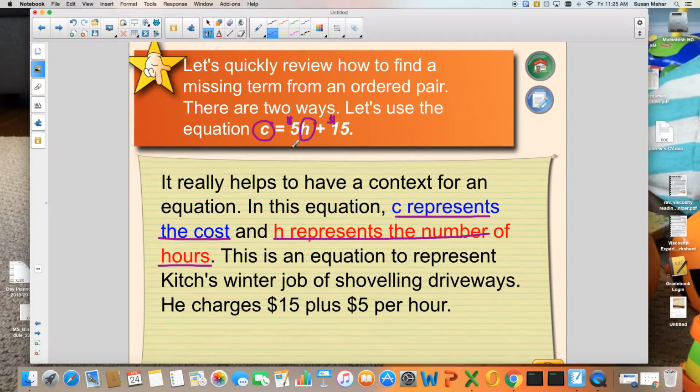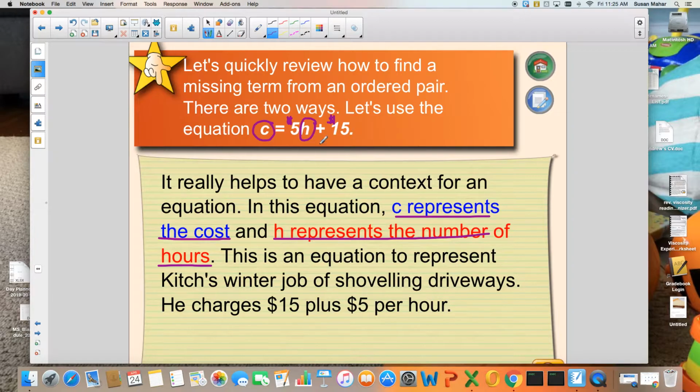All right. Now, in this particular one, we're not using X and Y, but let's remember that our independent variable is the one that we change, and the dependent variable is the one that gets changed by us making changes. So our independent variable here is the H, because that's the one we arbitrarily change.